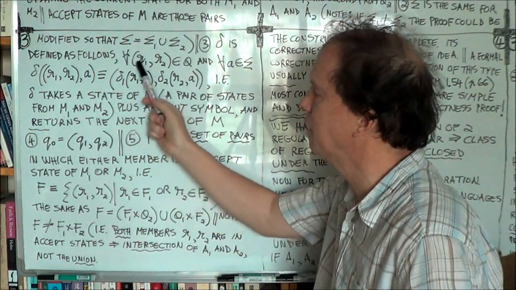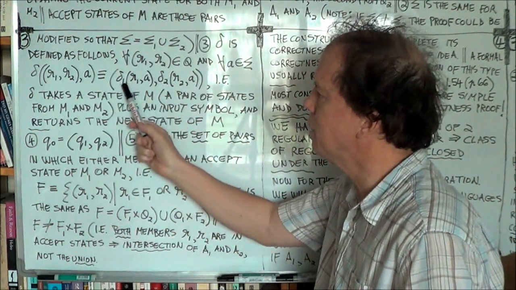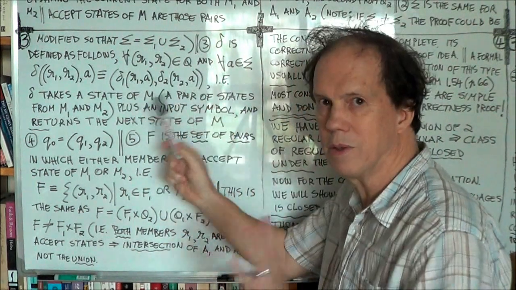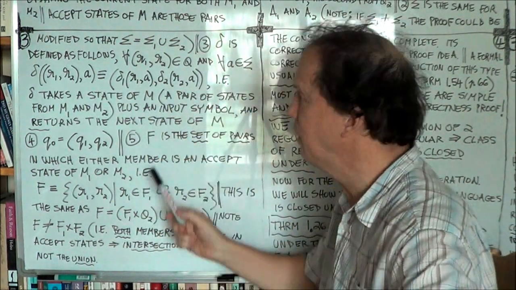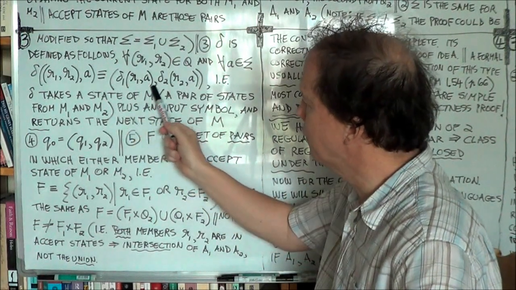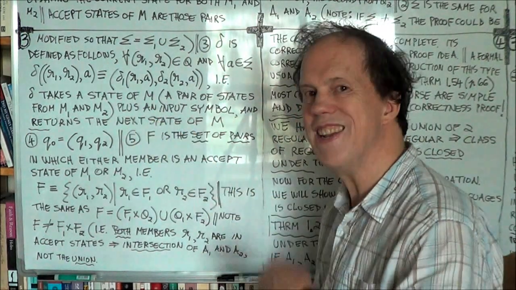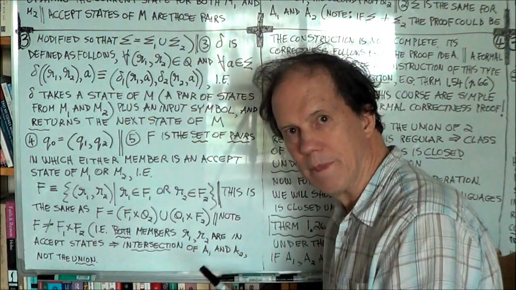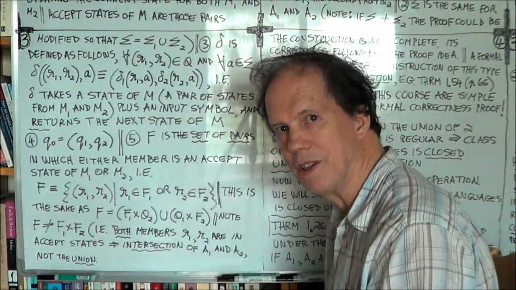So you can calculate what the next state will be, and whatever state that is for machine M1, put it in as the first member of the next state of machine M. That's the essential idea.